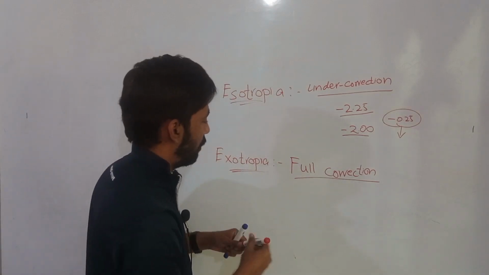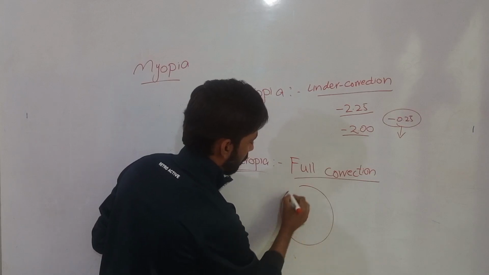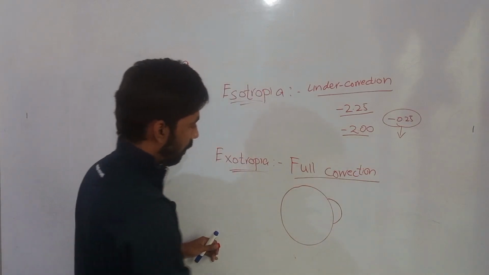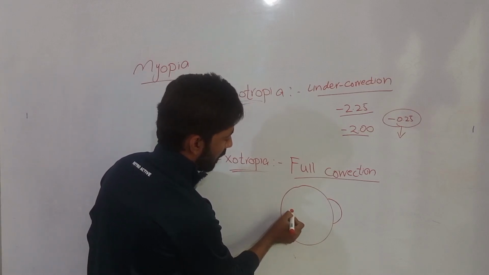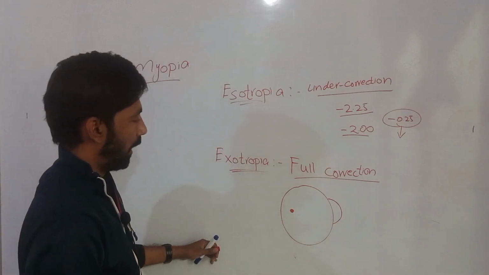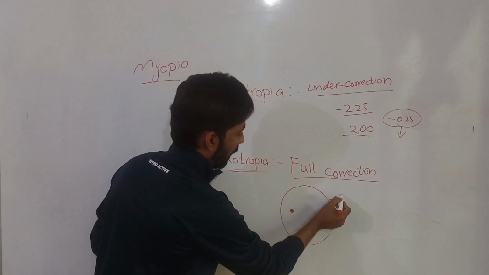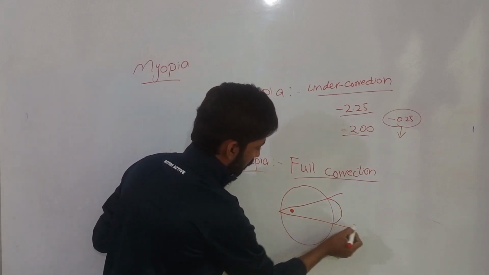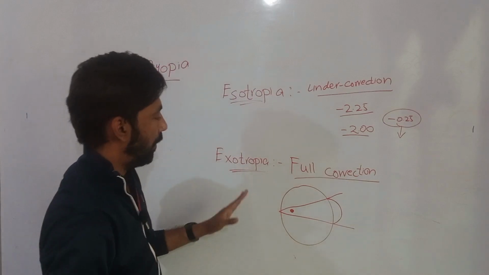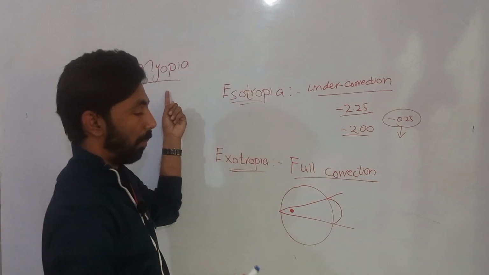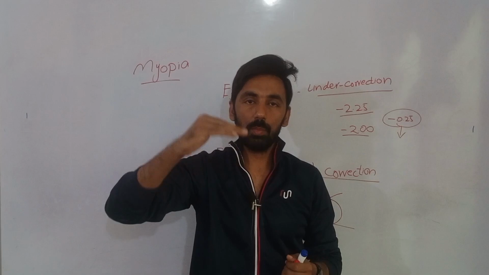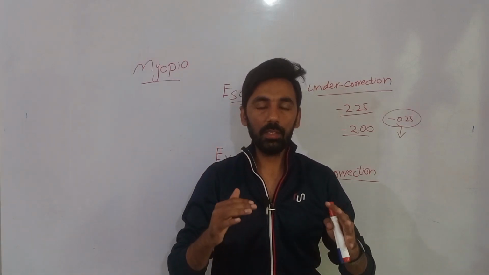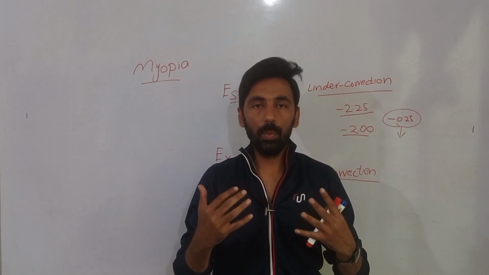So if you prescribe full correction, myopia was there, the light rays are here, and when we prescribe full correction, you know very well, we are not sure, because if the patient is myopic and you are increasing the minus power, because the myopia is of minus 2 suppose, or you can say the myopia was of 2.25.